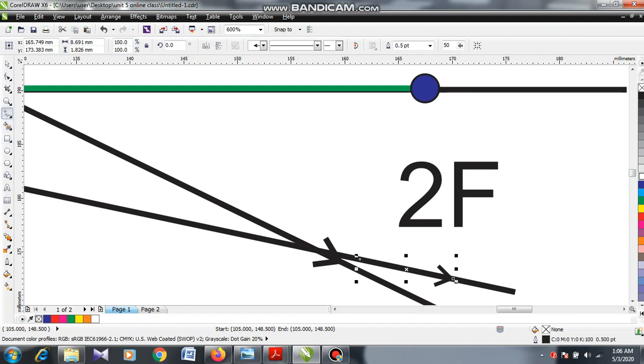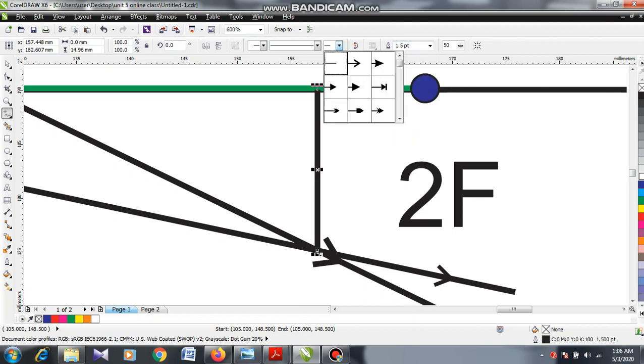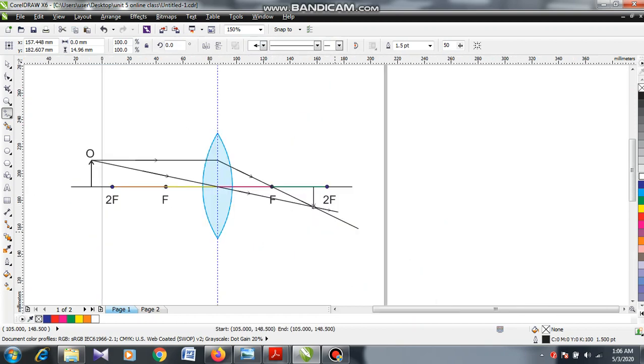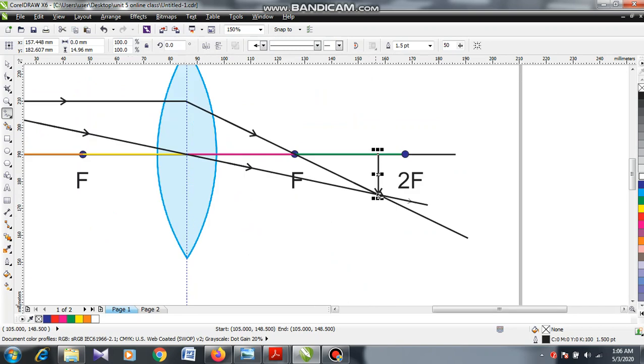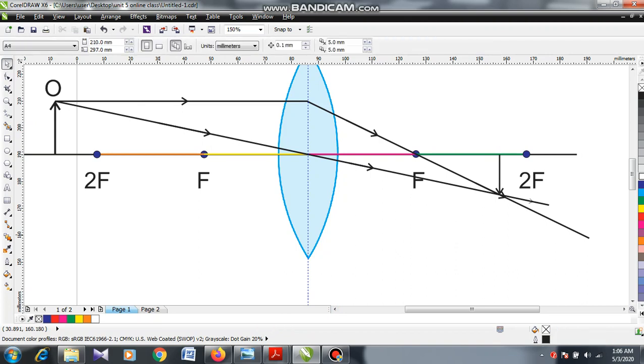So I am going to draw the image. The head of the image is here, and the bottom of the image is on the principal axis. So the image is going to be upside down. The diagram is ready.